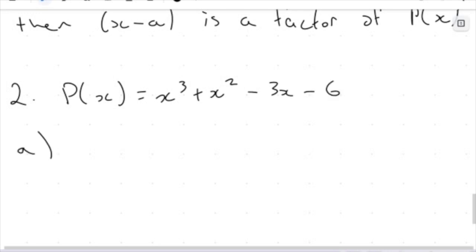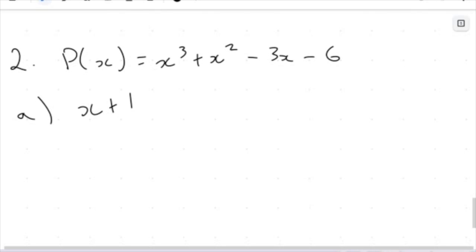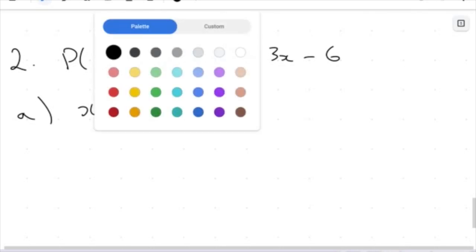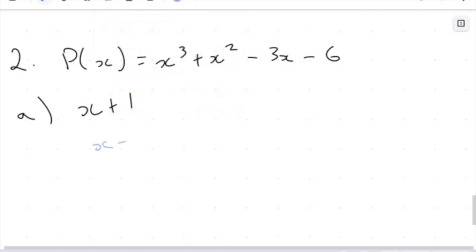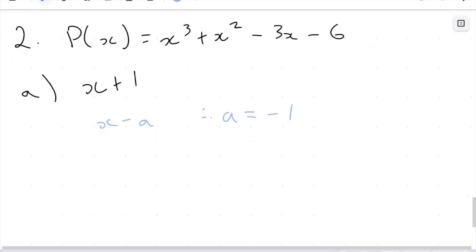So for part A, we're going to see if x plus 1 is a factor. So remember, since these are in the form x minus a, therefore we can say in this case, like our previous example, a is going to be negative 1.